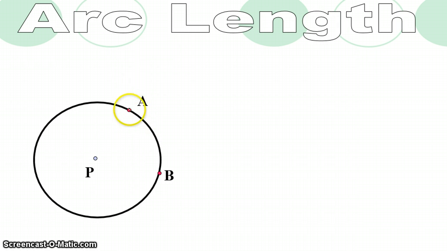If you look at the arc AB, you see that this arc is a portion of the entire circumference. So the way we set up our equation is as a proportion, and it looks like this.